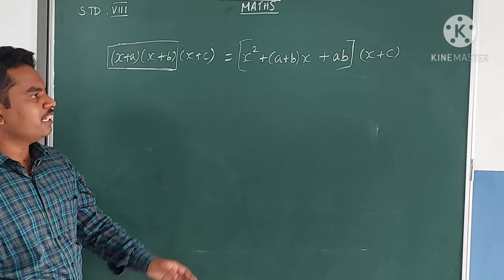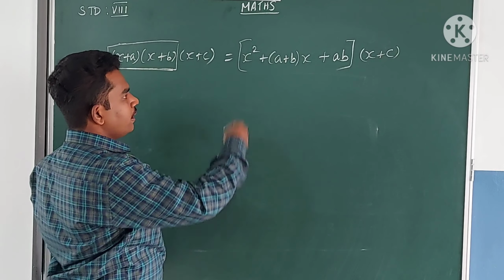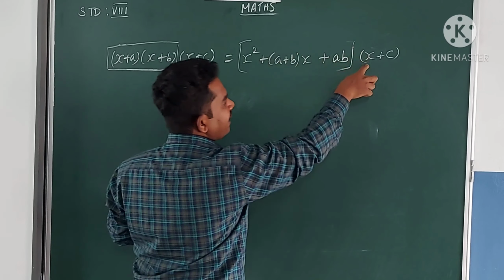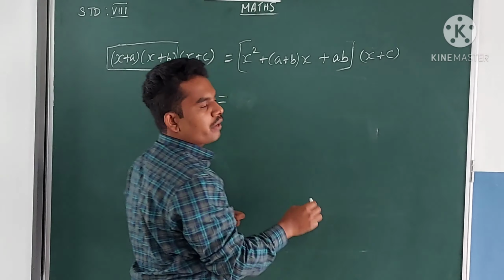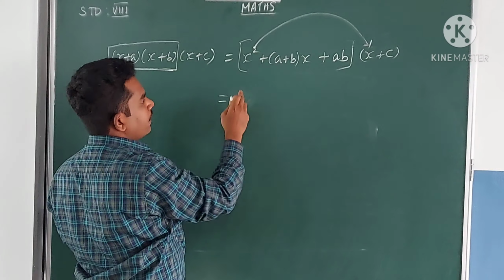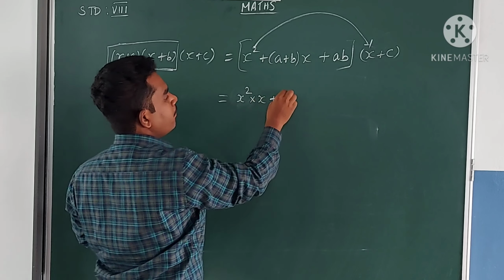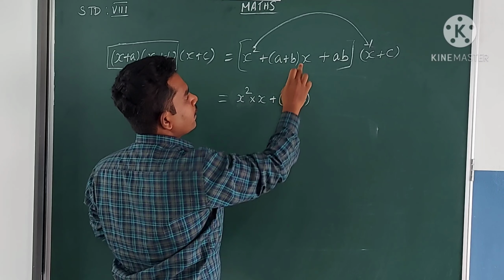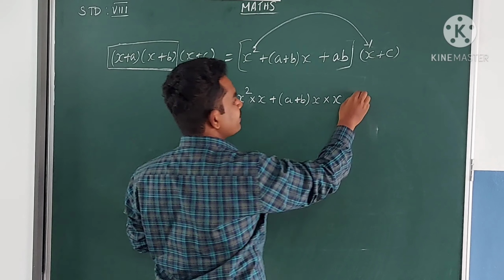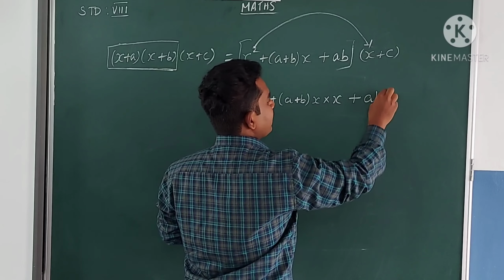Already you know the multiplication for trinomial into binomial. Let us multiply first the full term into x, then the full term into c. First step: x square into x, plus a plus b into x into x, plus ab into x.